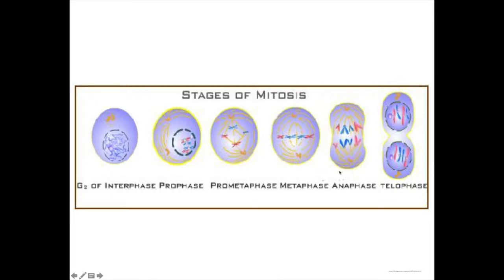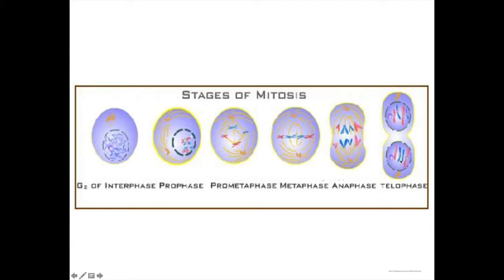Which is going to lead us finally to telophase. In telophase, a nuclear membrane is going to start to reform around the chromosomes, and our spindle apparatus is going to be present, but it's going to be disassembling, breaking down, getting smaller.